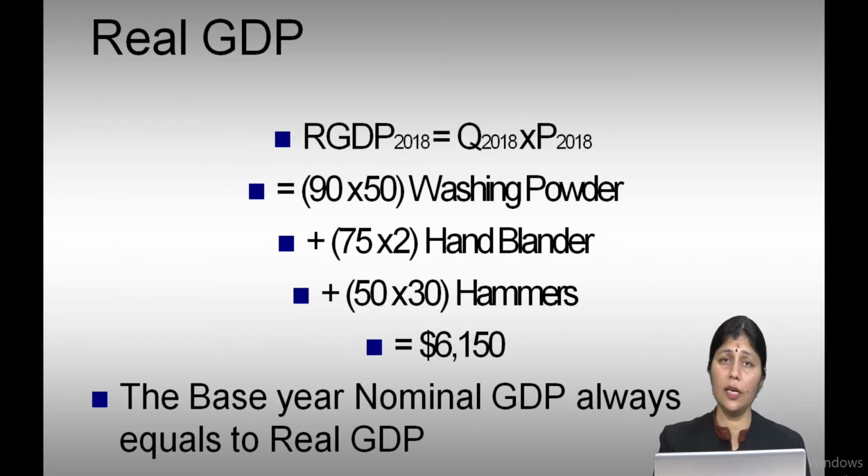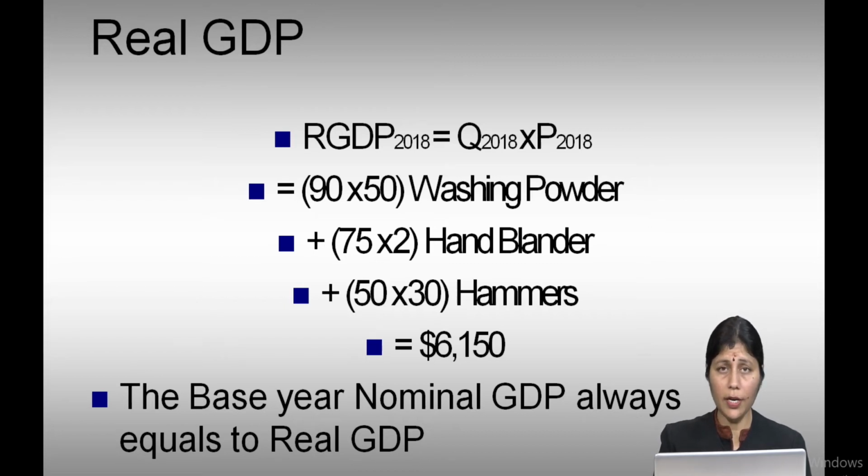Now, we are making the calculation of real GDP for different years: real GDP in 2018, 2019 and 2020. Real GDP 2018 is equal to quantity multiplied by price of 2018.